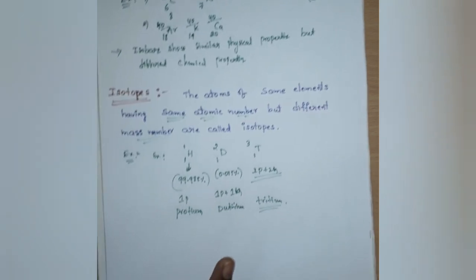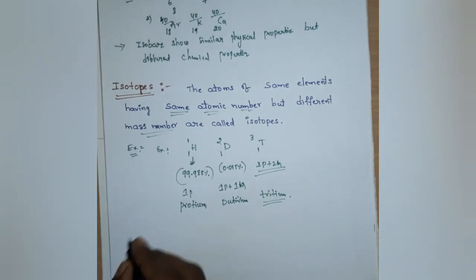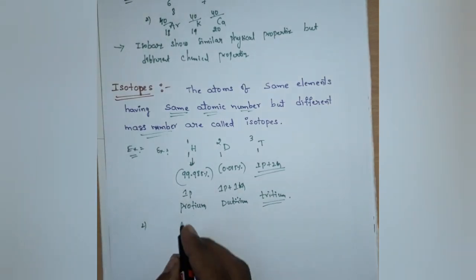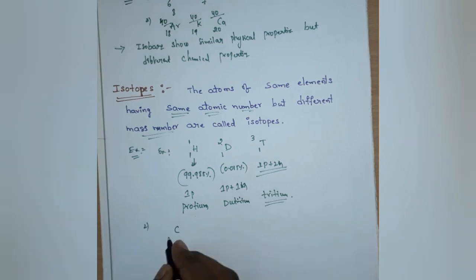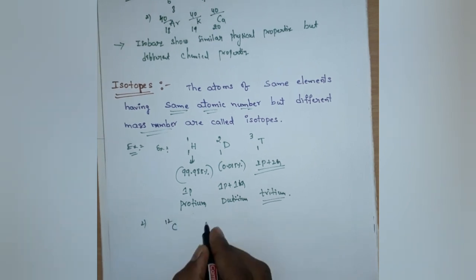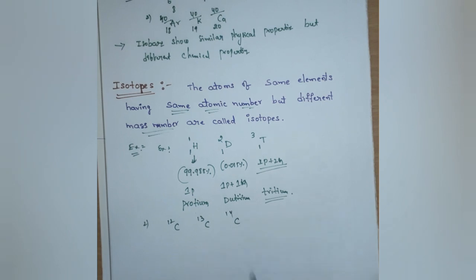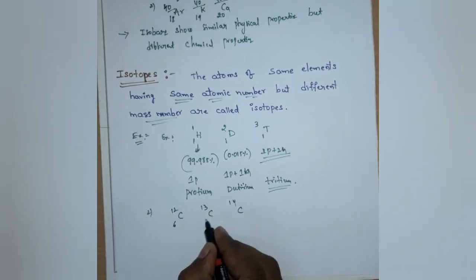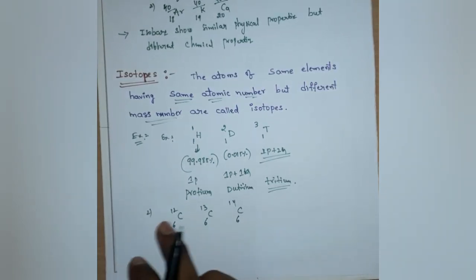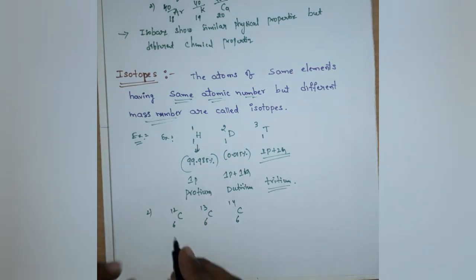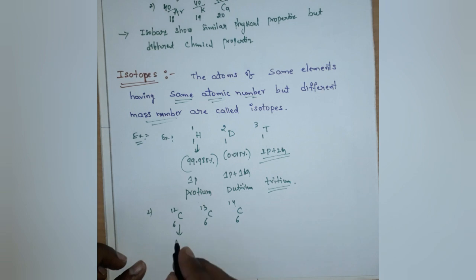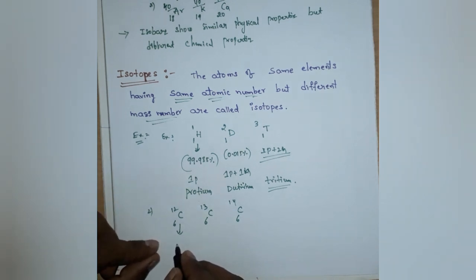Next, one more example. Second one, carbon: C12, C13, C14. The atomic number is the same but the mass numbers are different. In the first isotope, 6 neutrons are present.